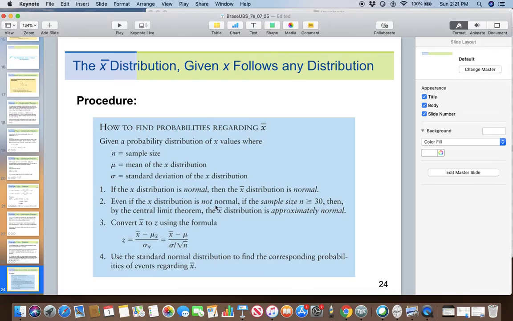If X is not normal, then you want the sample size to be greater than or equal to 30, and then X bar is approximately normal. These are two important things to think about. Once you have that, convert X bar to a standardized score using the standard formula, and then use the standard normal distribution to find the corresponding probabilities.